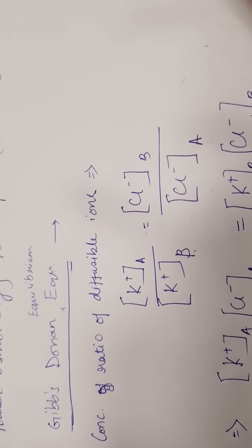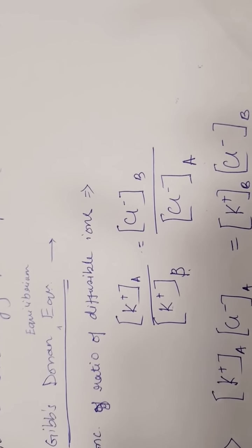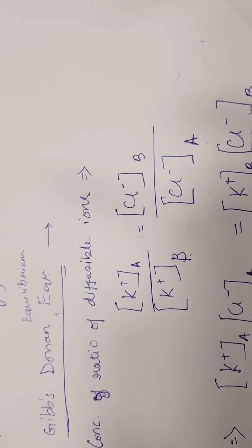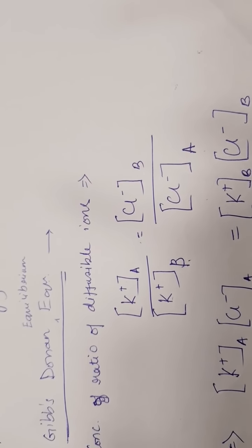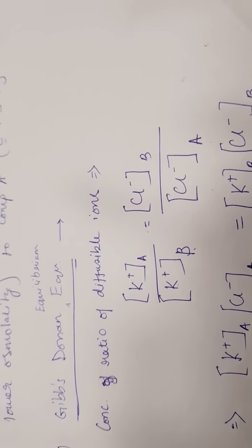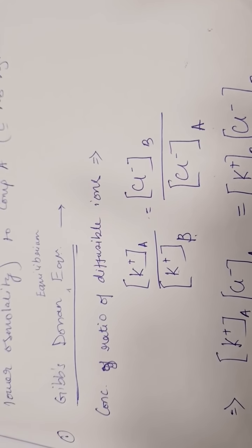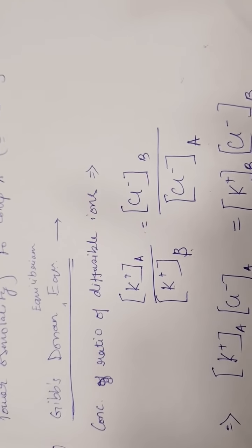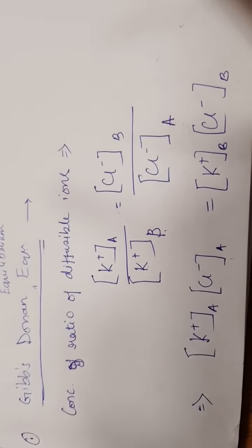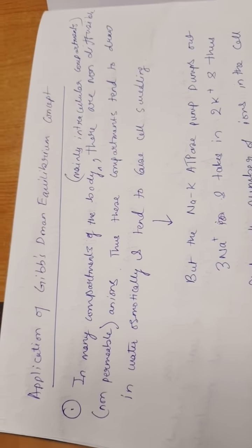When two solutions are separated by a semi-permeable membrane, that is a membrane which is permeable to some ions but impermeable to others, the diffusible anions and cations are distributed in a concentration ratio which can be calculated by this Gibbs-Donan equation.